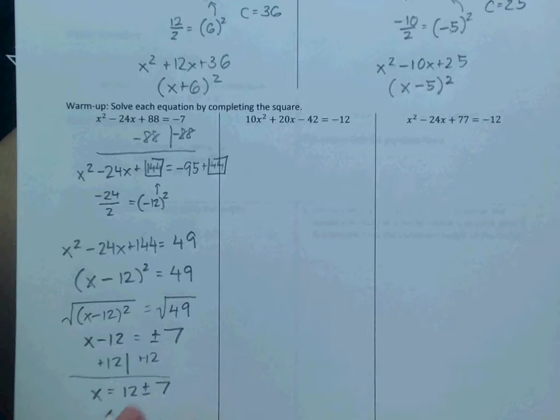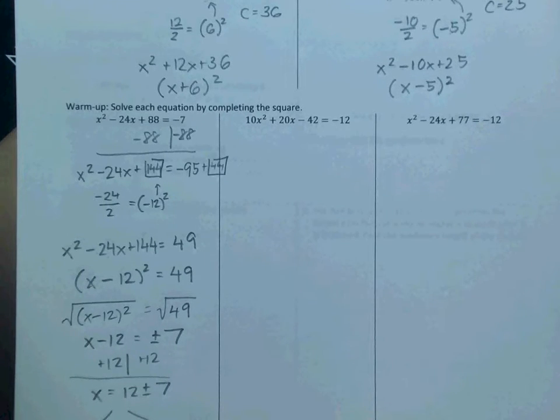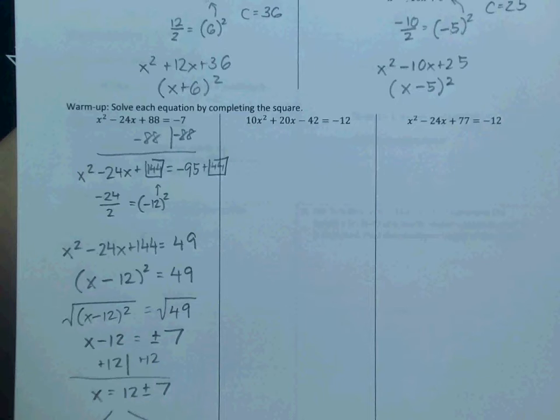There are actually two solutions. X is equal to 12 minus 7, or x is equal to 12 plus 7. This is x is equal to 19. This is x is equal to 5. And that's the solution by completing the square.